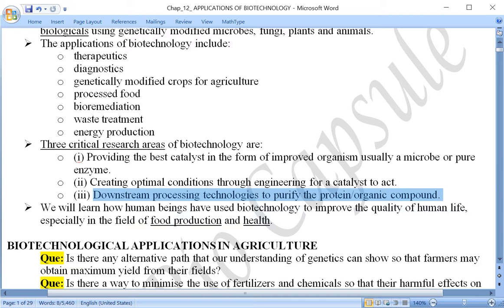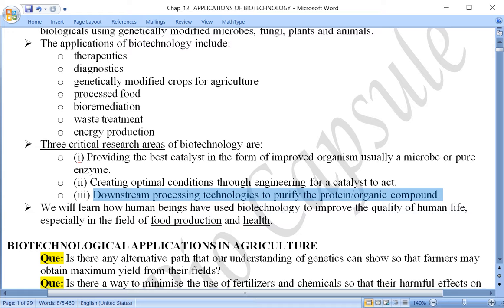Here we are talking about, if you remember the earlier chapter, downstream processing, that was the last step, starting from the separation of the product, and then its purification, packing, and then making it available, or supplying it into the market. All that is included in the downstream processing.